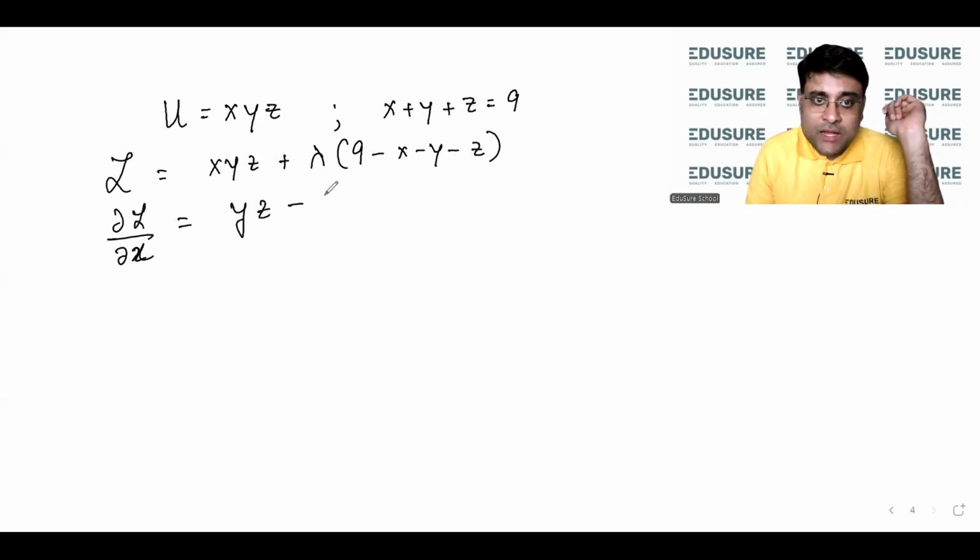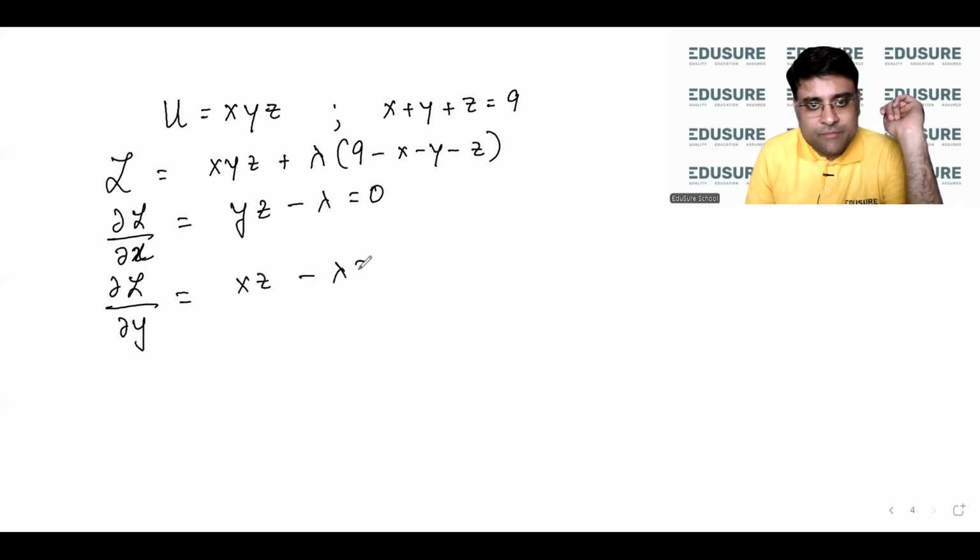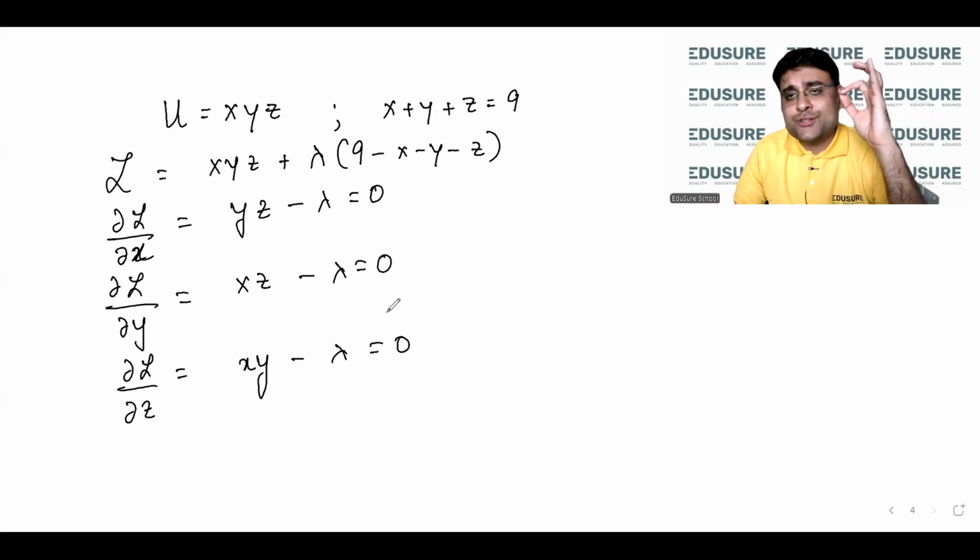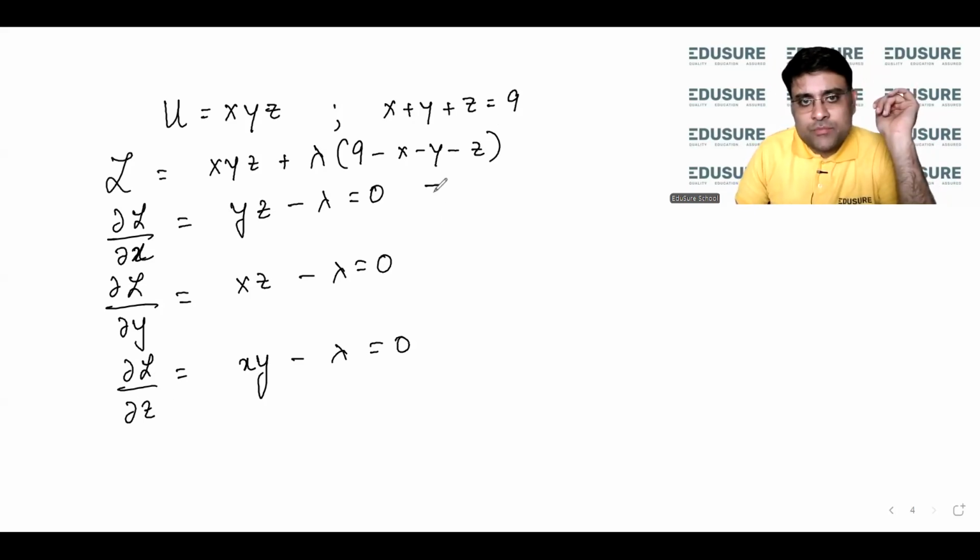First order condition: yz minus lambda is equal to 0. This is xz minus lambda is equal to 0. And this will be xy minus lambda is equal to 0. These are the 3 first order conditions. Now, if I solve them, from here I get basically y is equal to lambda by z.